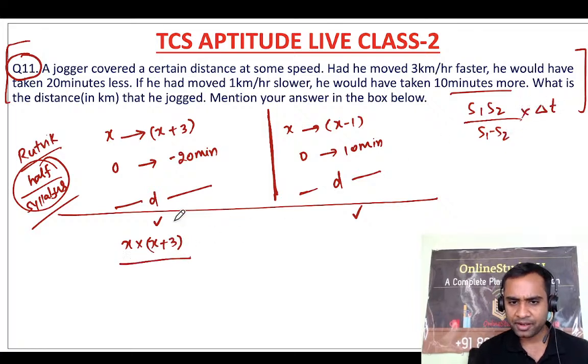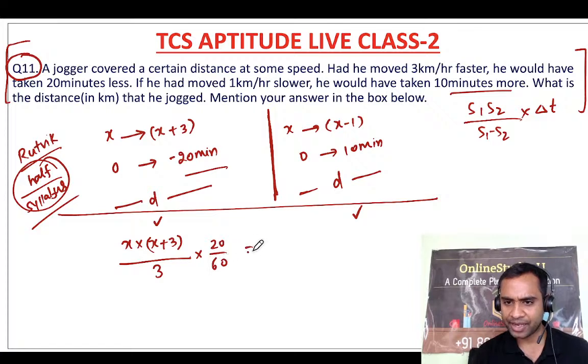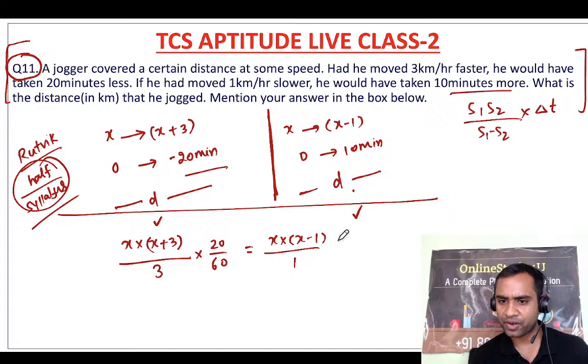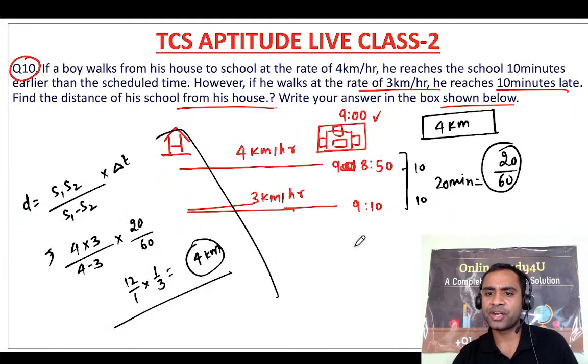The speed difference is 3, into time 20 by 60. Now we will equate because distance is same. So x into x minus 1, divided by the speed difference 1, into time 10 by 60.